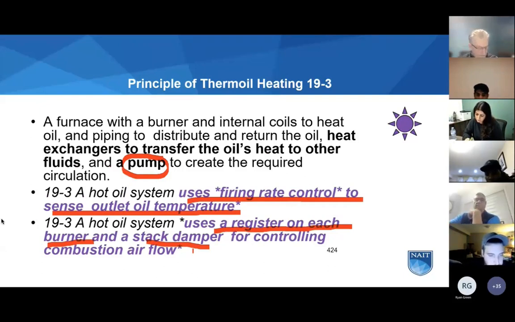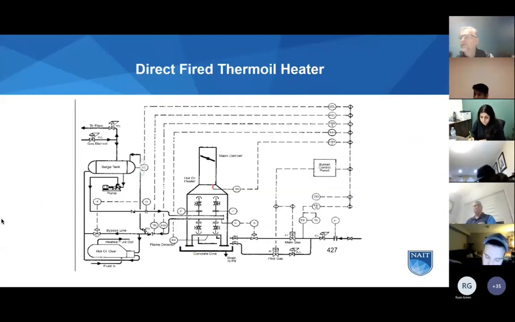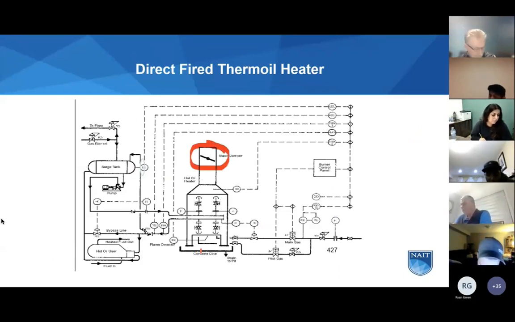The one that shows where the burners are is 19-6, but the one that shows the combustion control and the stack damper is 19-4. I believe that's this one. Yeah, so we show here a stack damper. The diagram just says burners at the bottom. It doesn't say how many burners.